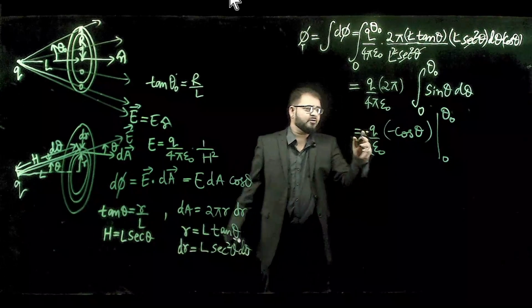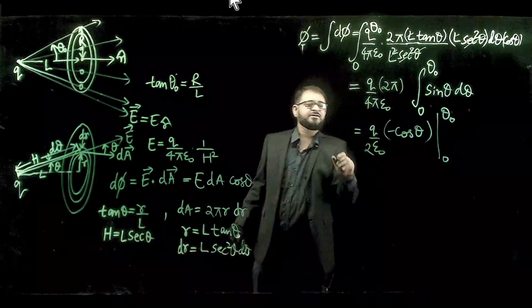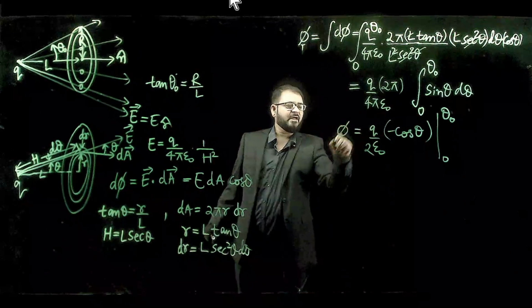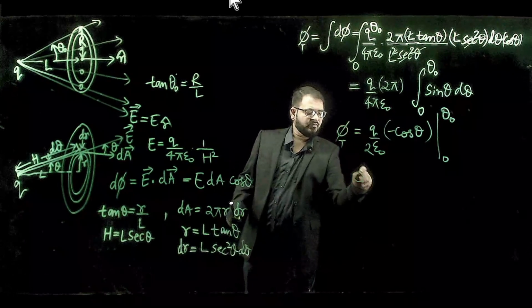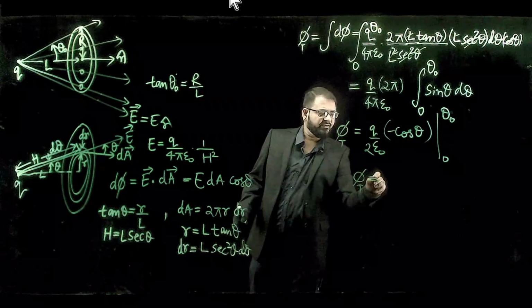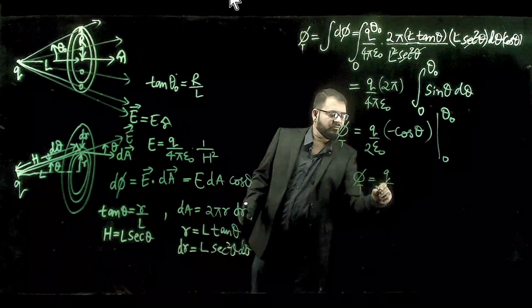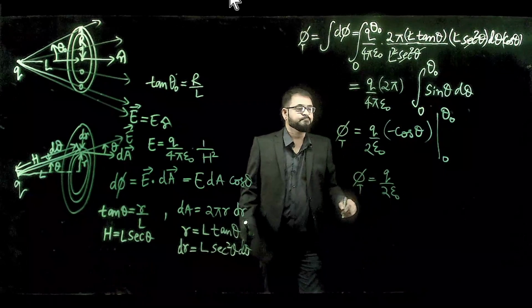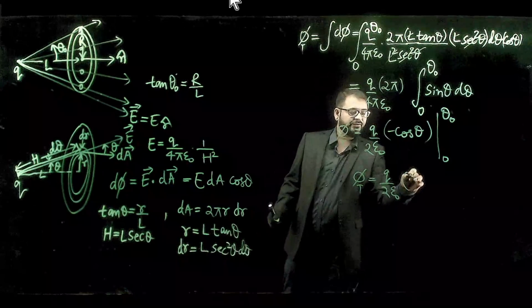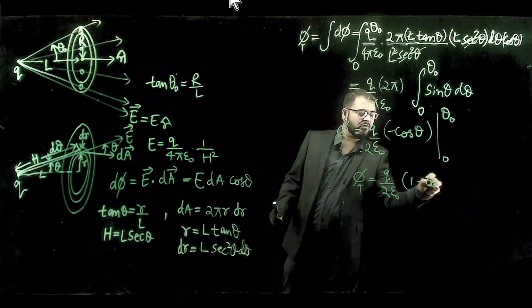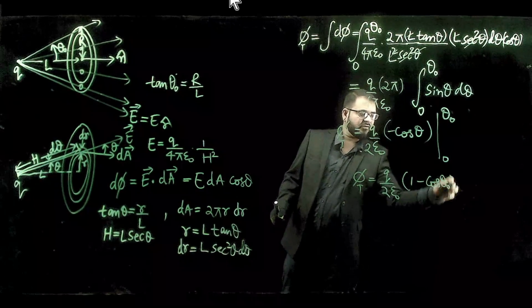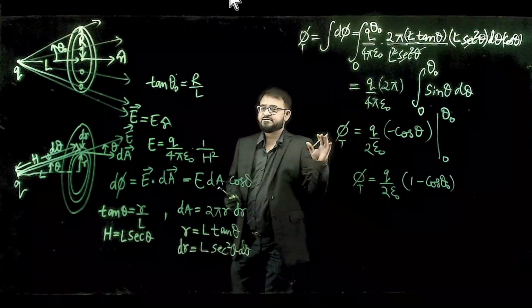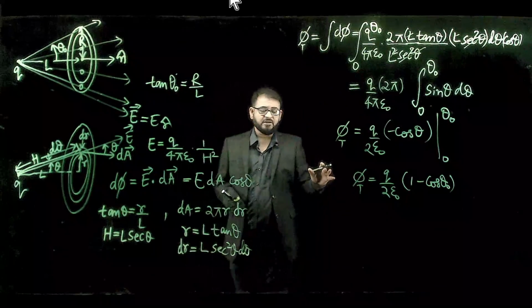Now, the next thing we are going to do is to put the limits in our total flux, phi total. Phi total is going to be Q by 2 epsilon naught, it's going to be 1 minus cos theta naught. Okay, you can see this result is very important.